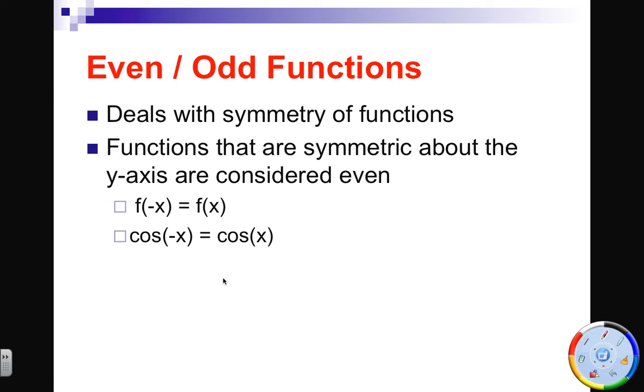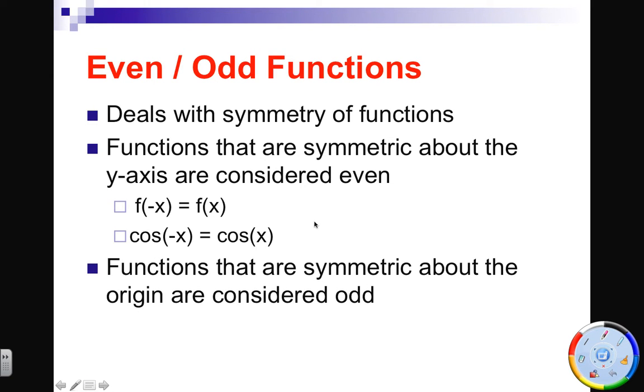And what you'll notice is secant and cosine are the only even trig functions, because functions that are symmetric about the origin are considered odd, and that's if you plug in a negative value, you would just get the negative y value. And all the other four, sine, cosecant, tangent, and cotangent, are all odd functions.